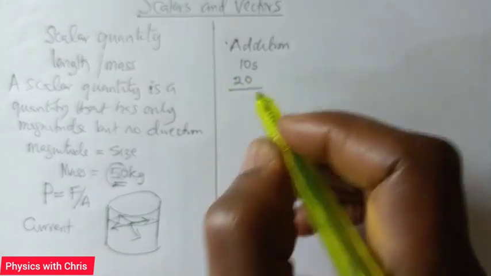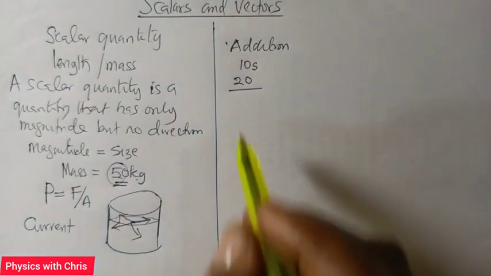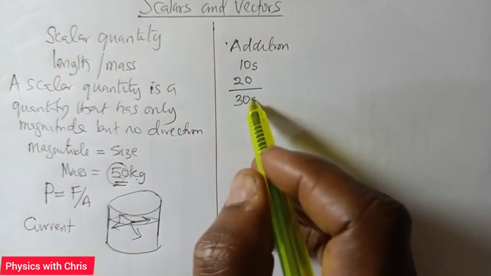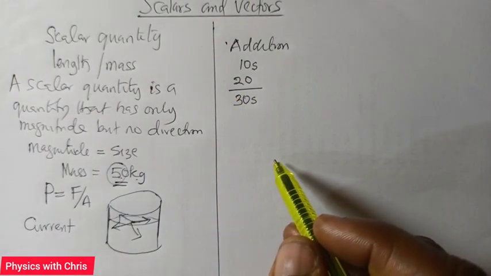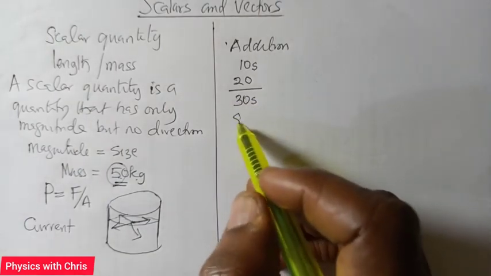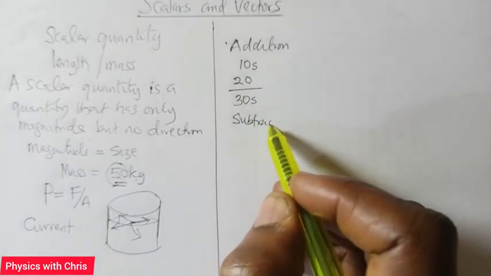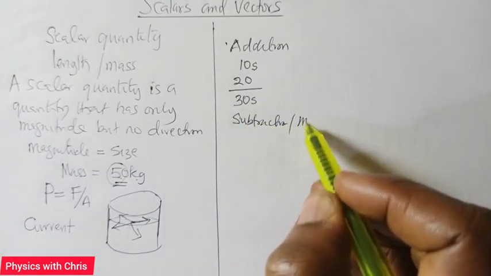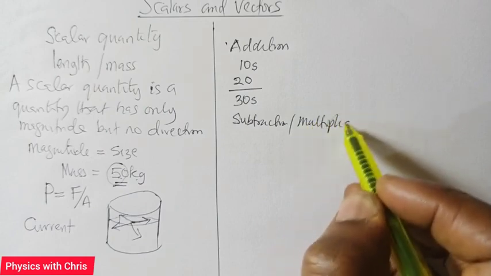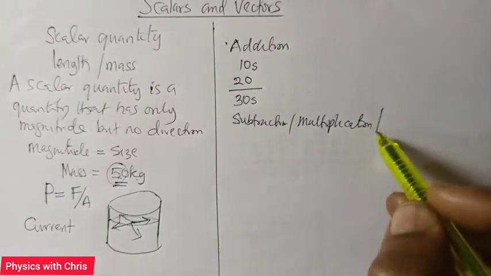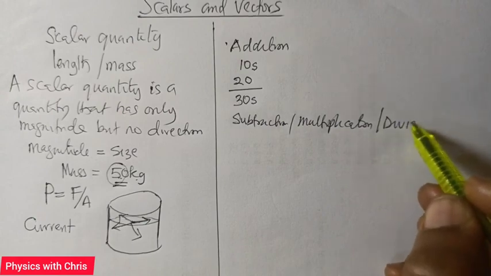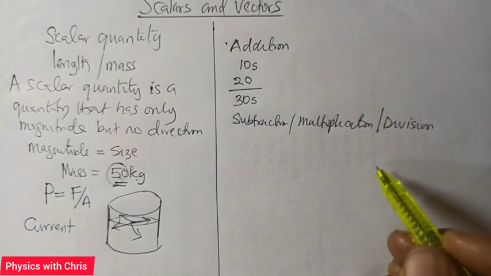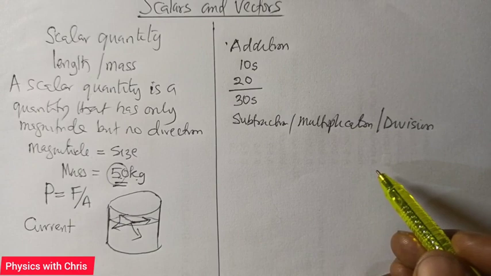You can add them together, which means you have run for a total time of 30 seconds. So addition, subtraction, multiplication, and division all apply to scalar quantities because no direction is needed here.